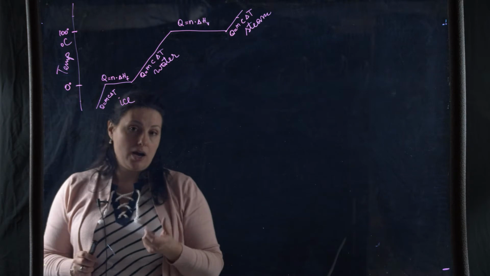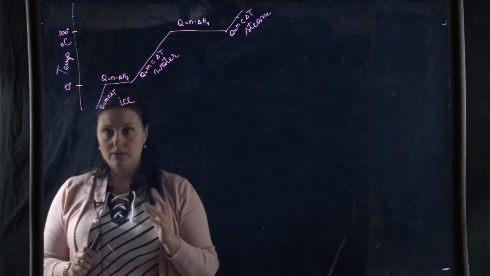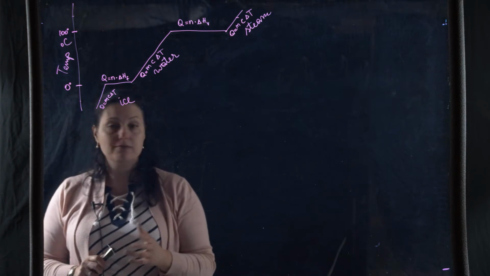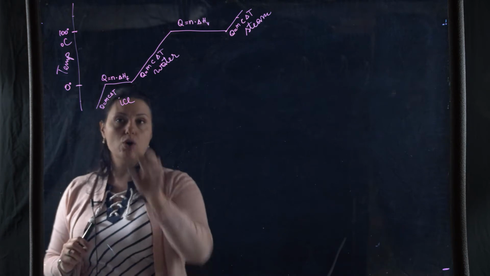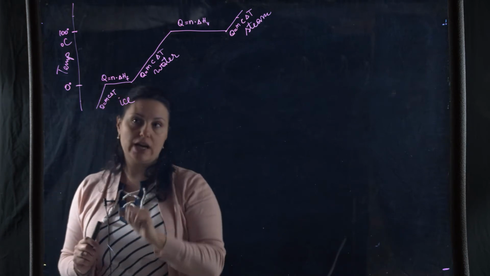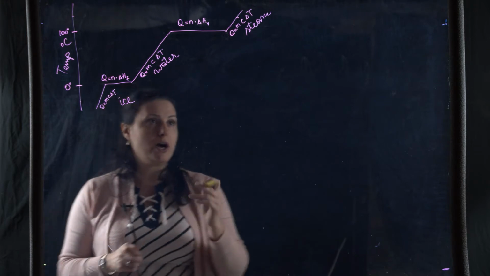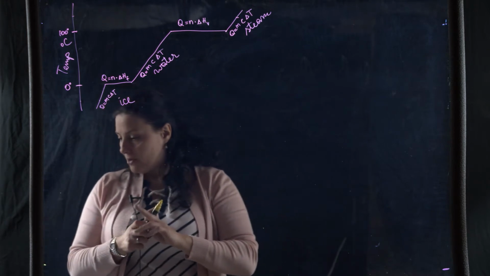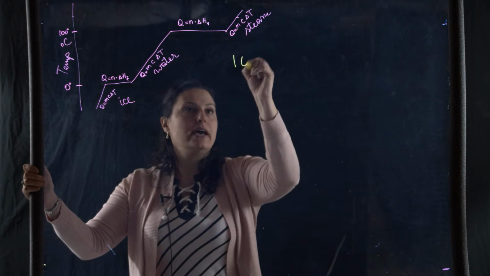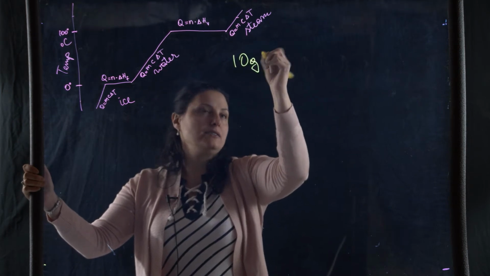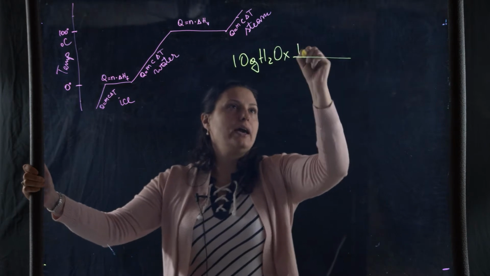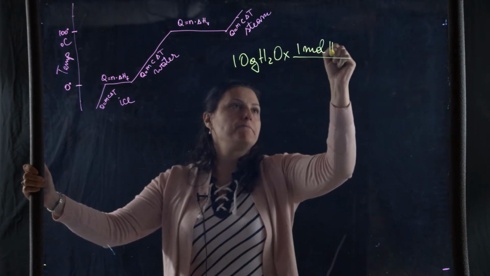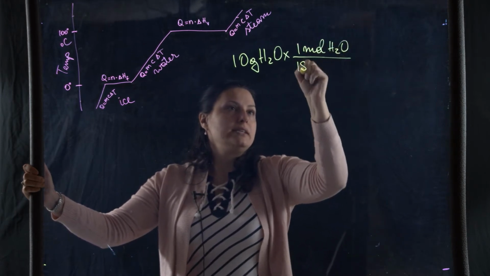My first step would be to convert the mass from grams to moles, because I will go through a phase change, so I will have to use moles of water. Therefore, I can take the 10 grams of ice, H2O, times 1 mole of water weighs 18 grams.